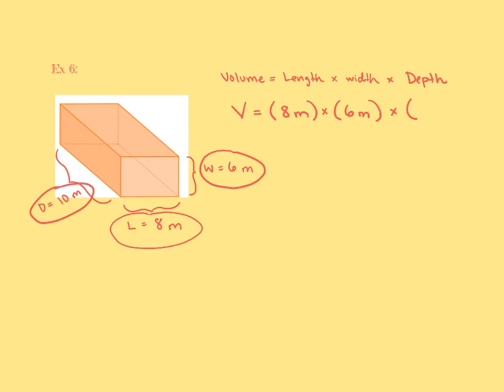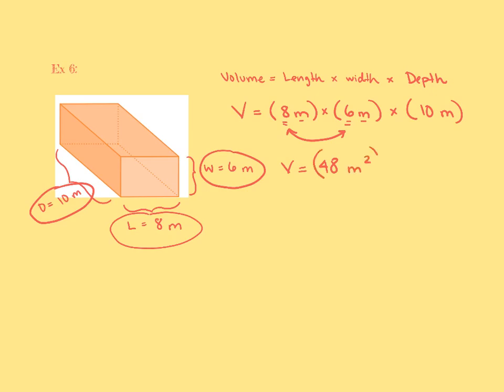How deep it is, how much it comes out, okay? And that's 10 meters. Let's start by multiplying these two numbers together. And so V equals 8 times 6 is 48. And then meters times meters is meters squared, right?